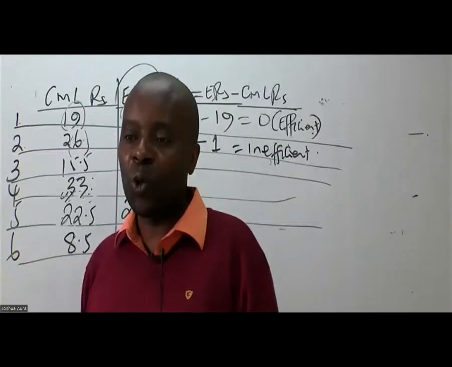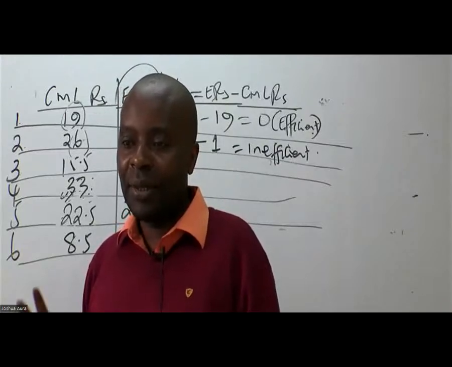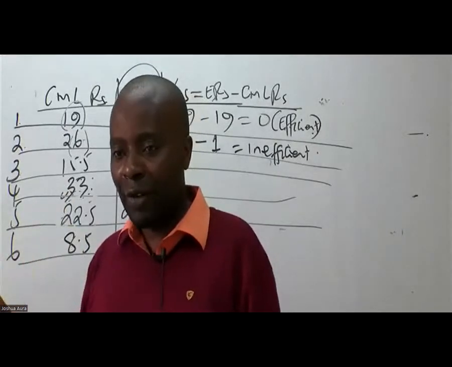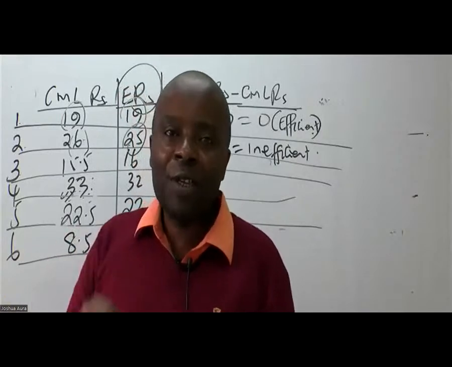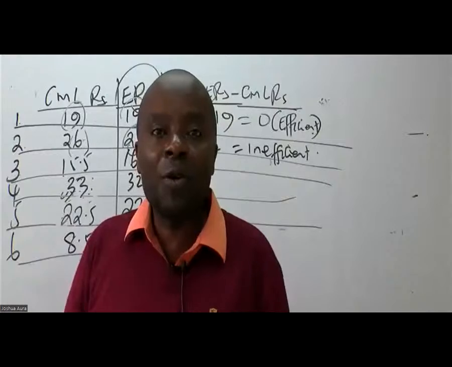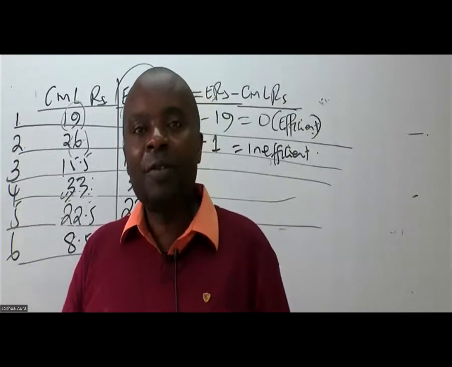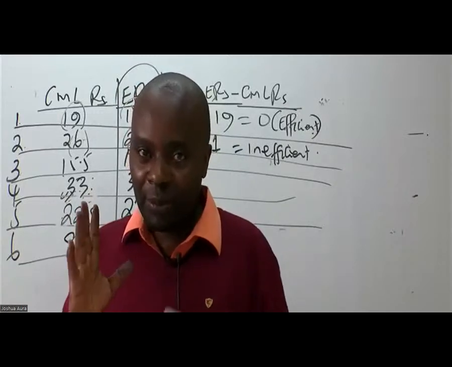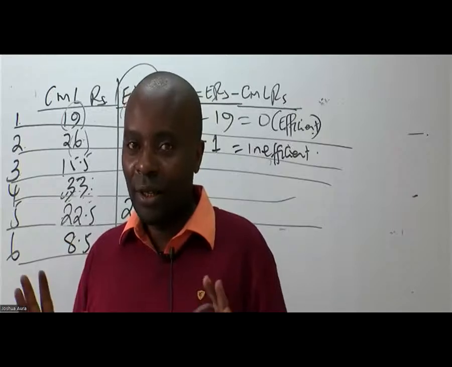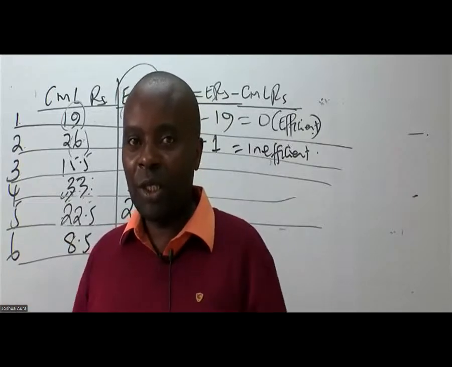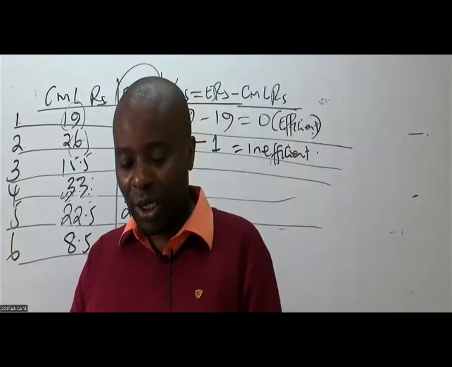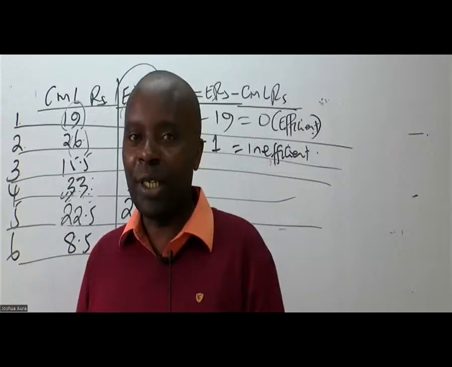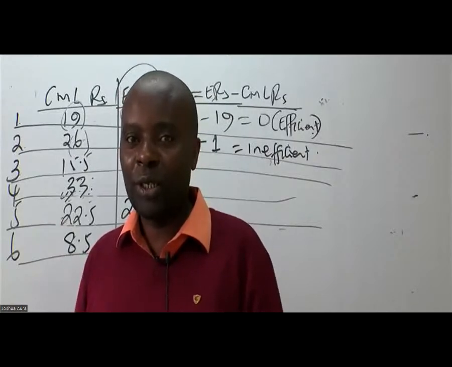At times the examiner will tell you to say whether it's overvalued or undervalued. Inefficient securities are overvalued securities. If you were to go to your spouse, telling your spouse how the class has been very good, and then your spouse tells you that you are overrating yourself, that will be the worst kind of statement to come from a spouse.